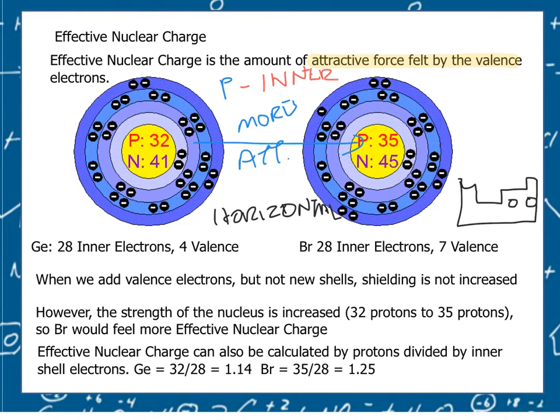The inner electrons have not increased: 28 inner. Bromine has more electrons, but since it's in the same row, they've been added into the valence shell, and I don't really need to consider the valence electrons. All that I'm considering is that the inners are the same.